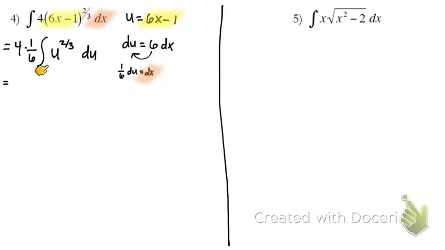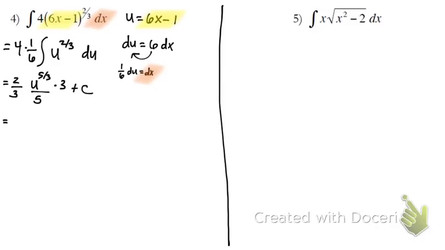If I multiply 4 over 6, I can simplify that to 2/3. The integral of u to the 2/3 is u to the 5/3, bump up the exponent by 1, divided by 5 times 3, because I don't want to deal with the complex fraction, plus c.